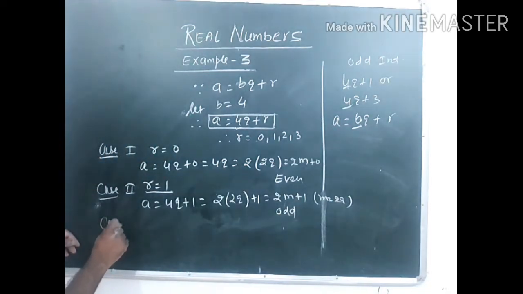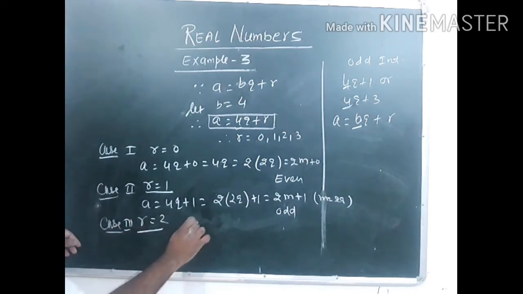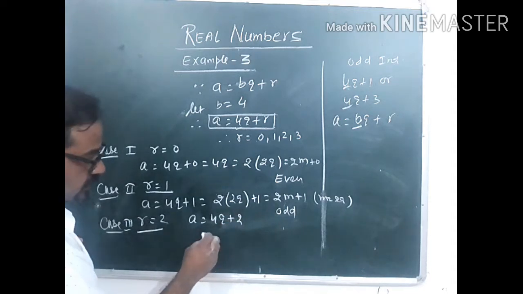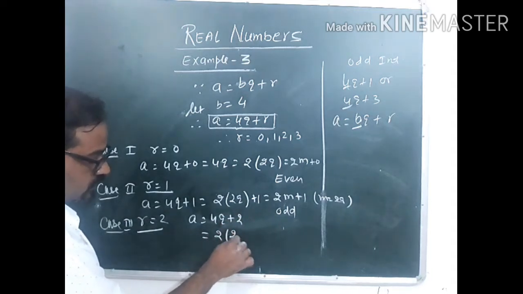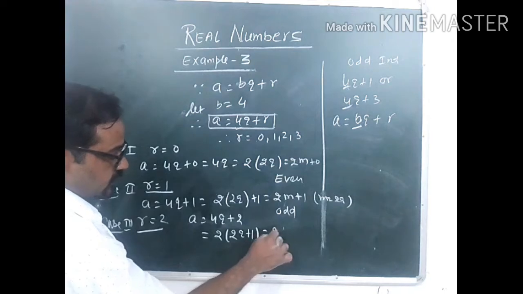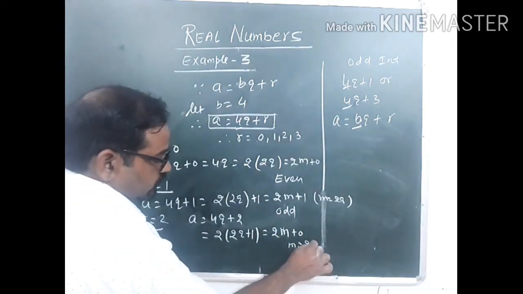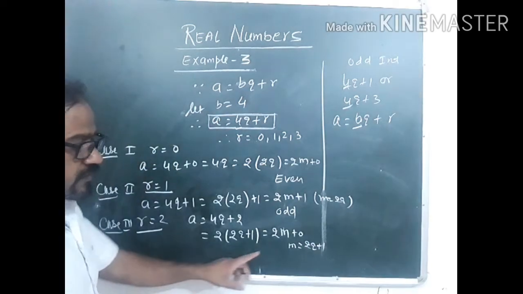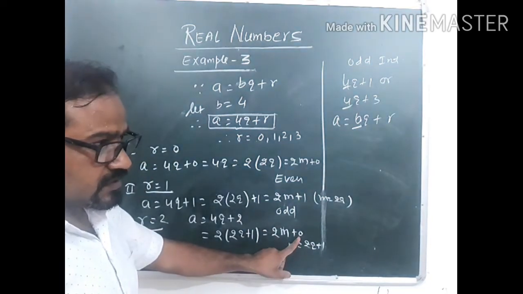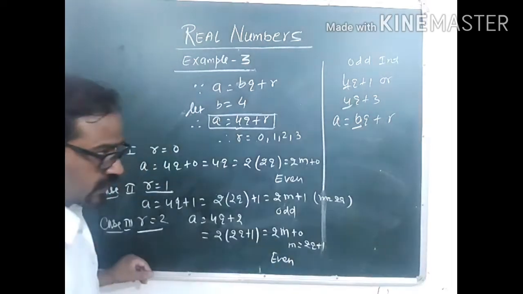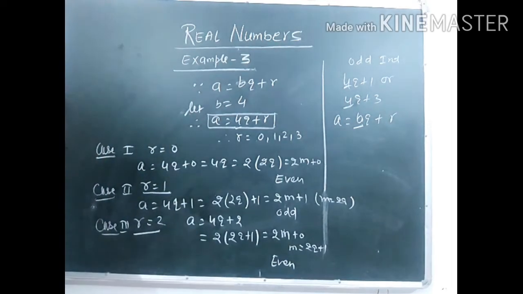Third case, when r equals 2, that is a equals 4q plus 2, it can be written 2 into 2q plus 1, that is 2m plus 0, where m equals 2q plus 1. It means when divided by 2, the remainder is 0, so it is also an even number.